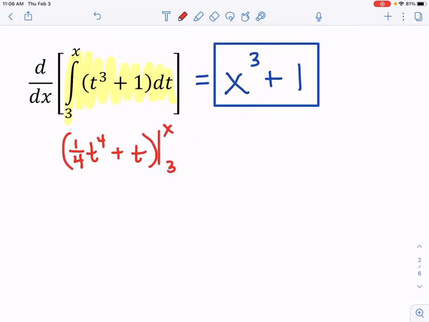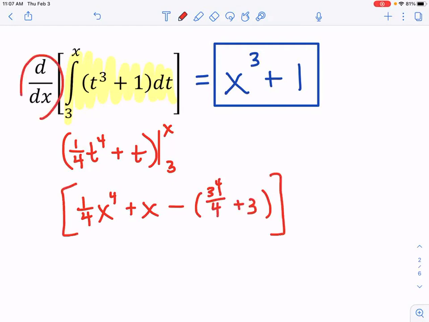So first fundamental theorem, we have 1/4 x to the 4th plus x minus, when I plug in 3, we get 3 to the 4th over 4 plus 3.